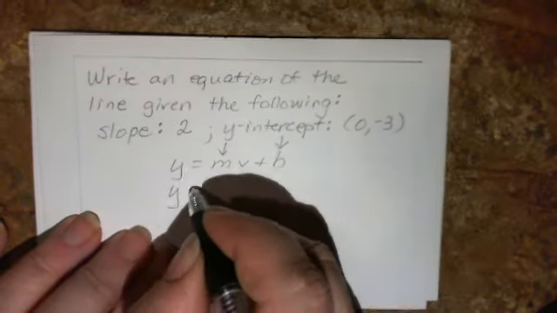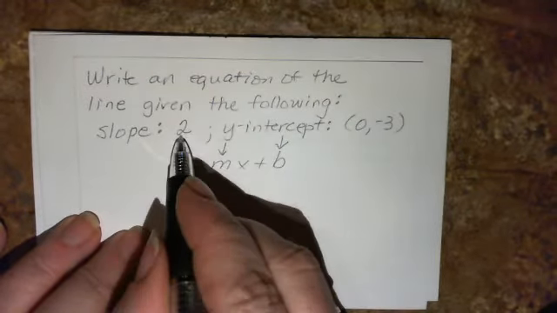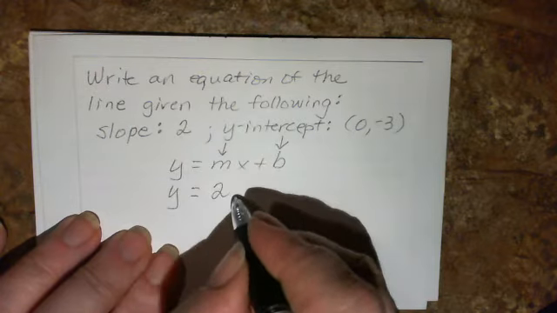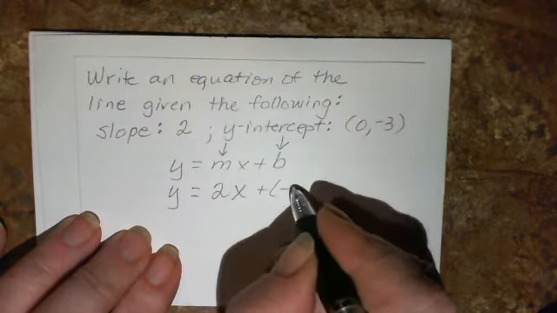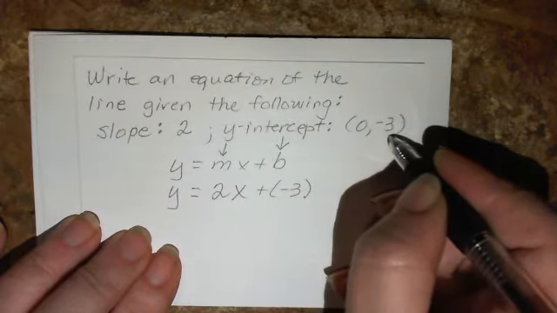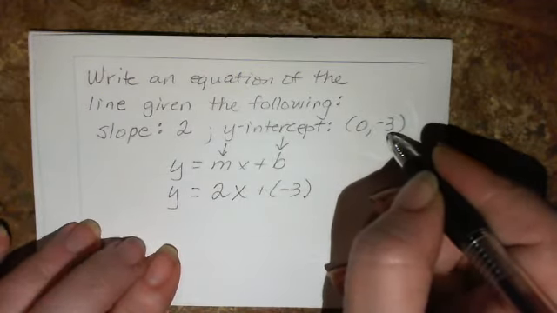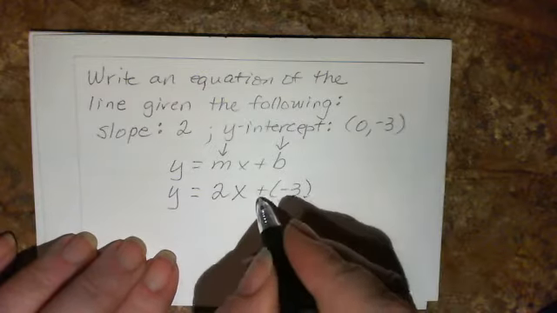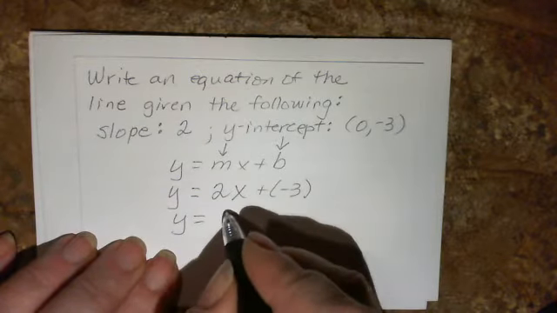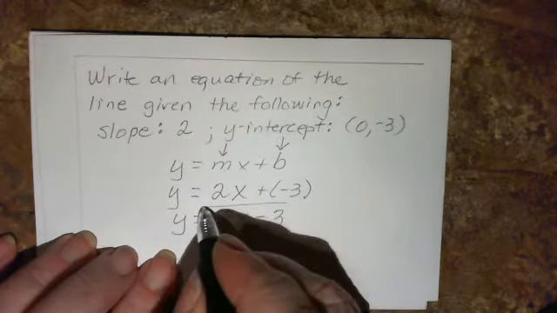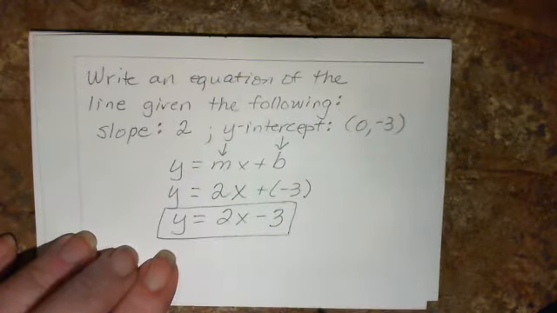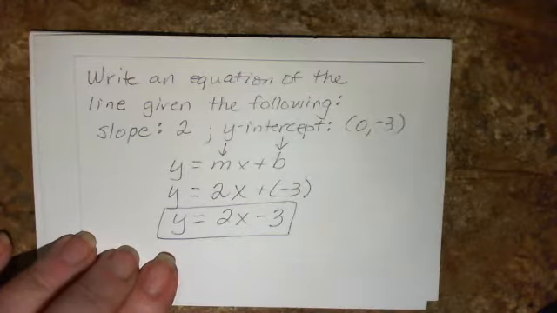Okay, so y is equal to, replace the m with the slope information, 2x plus negative 3 from the y-intercept information. Now I would simplify that. I wouldn't leave plus a negative there. Y is equal to 2x plus a negative is minus 3. Okay, and that's the equation of the line given that information.